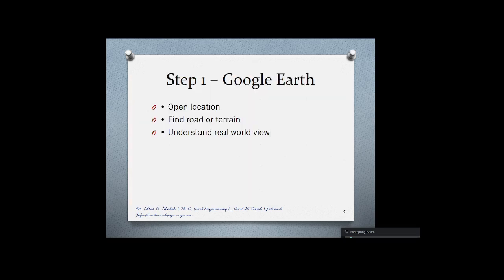Now what we are going to do is open Google Earth. Whatever our requirement, we open the location, find the exact location we have to work on, and extract the data from Google Earth.